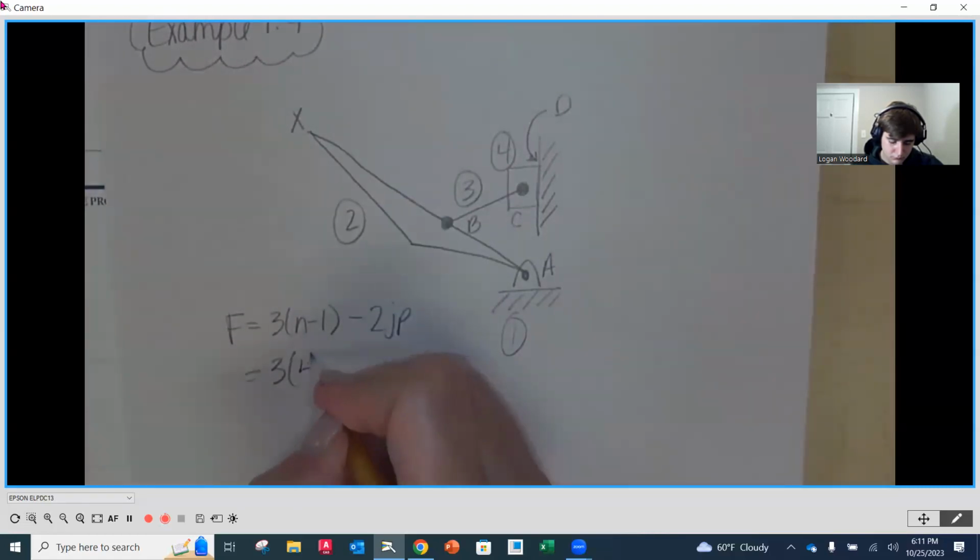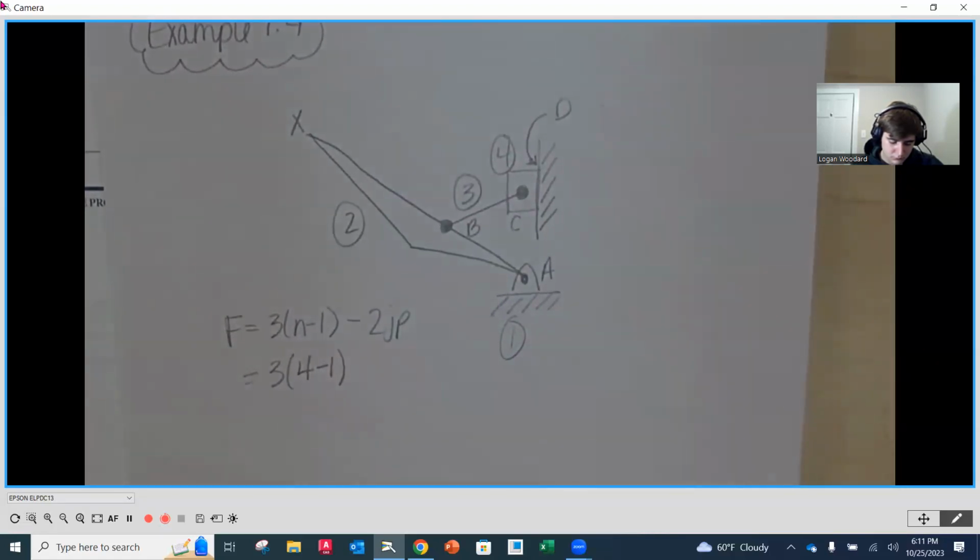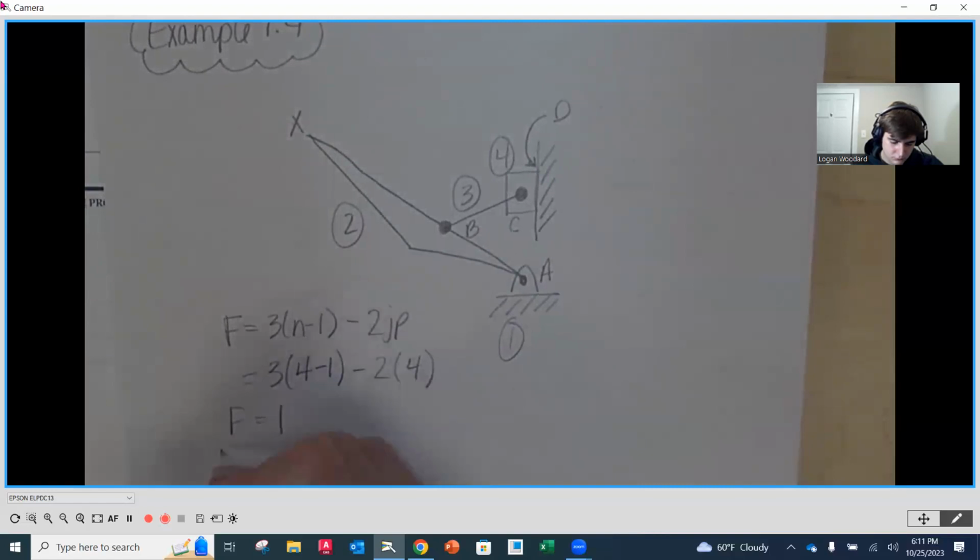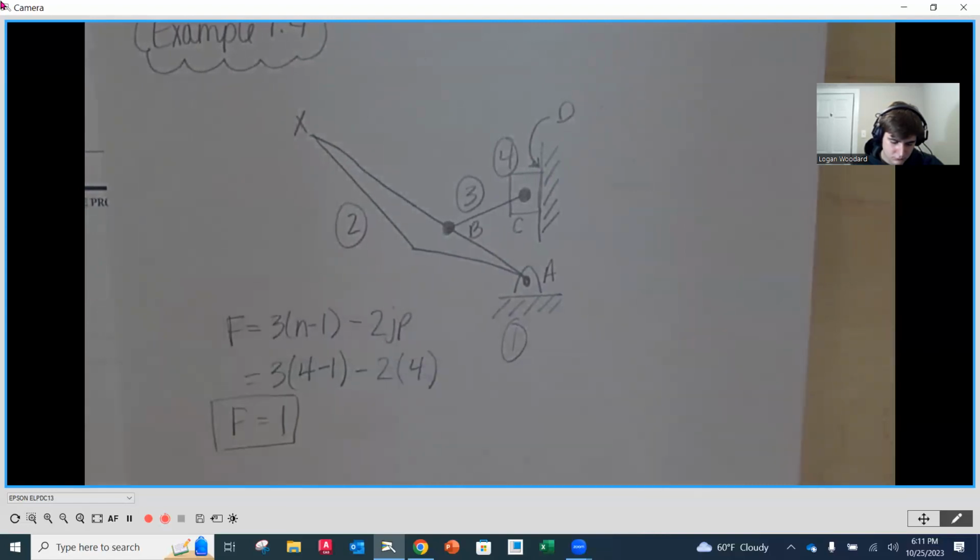So 4 minus 1. So this is going to be 9 minus 2 times 1, 2, 3, 4 primary joints. Don't forget that sliding joint. Okay. And again, it's a nice check to see, do I have 4 joints there? I know it's going to be 1. There we go. Put a box around it. Final answer. Okay.